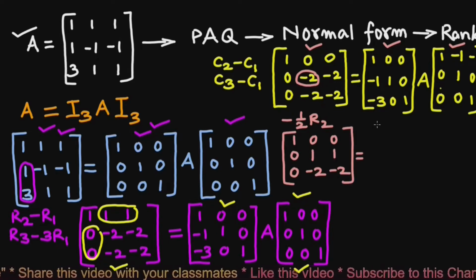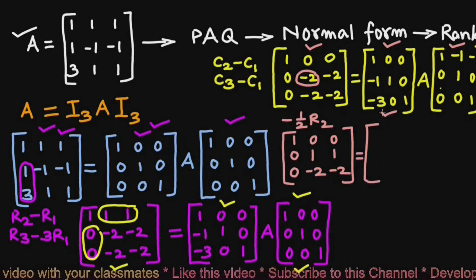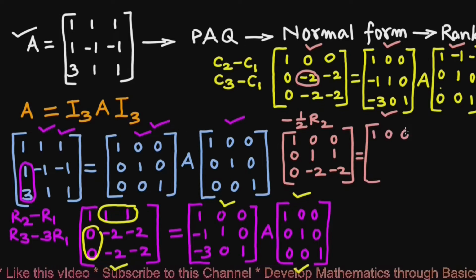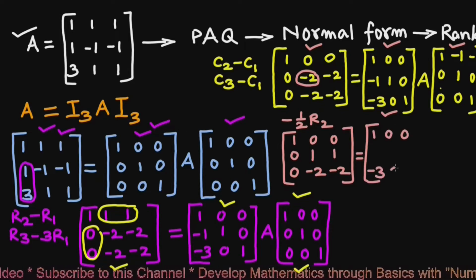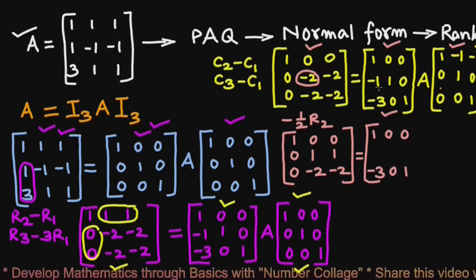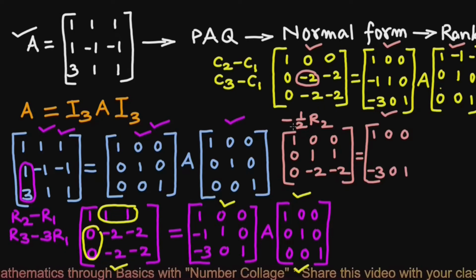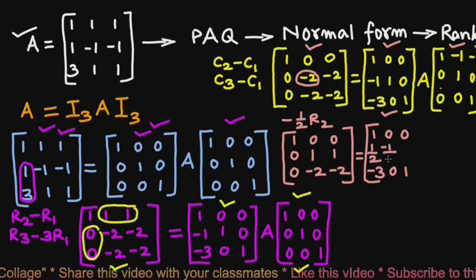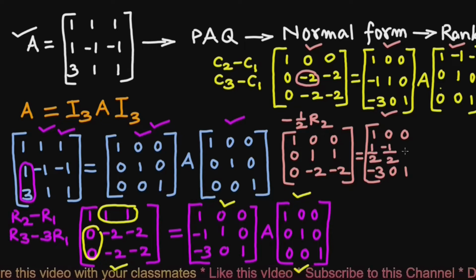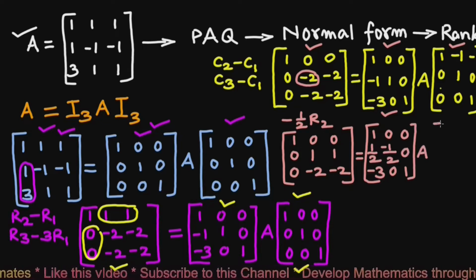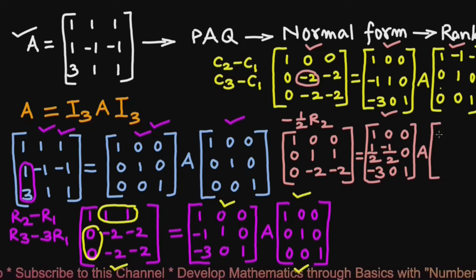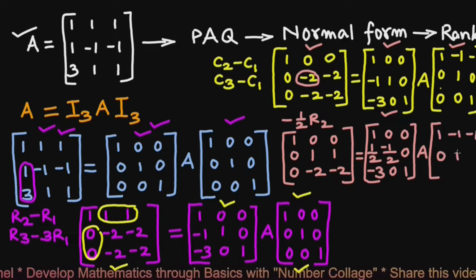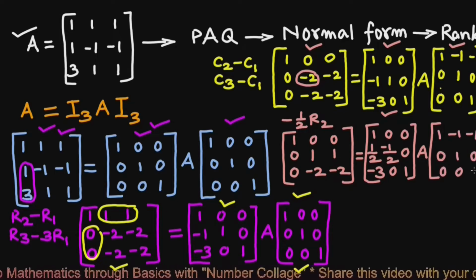The same row transformations we will perform on this prefactor. So once again we write the first row 1, 0, 0 and the third row -3, 0, 1 as they are, and -1/2 R2 will make -1/2 into -1 = 1/2, 1 into -1/2 = -1/2, and 0 into -1/2 will be 0. Then A, and as decided we will keep this postfactor the same: [1 -1 -1; 0 1 0; 0 0 1].